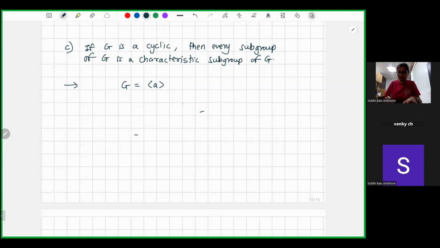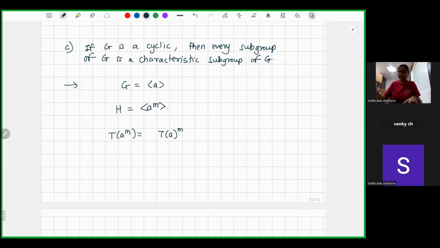We will try to prove that, since we are running out of time. This H is generated by A power M, and we have to do this with the order. For every automorphism T, T of A power M is T of A to the power M, and G is cyclic.